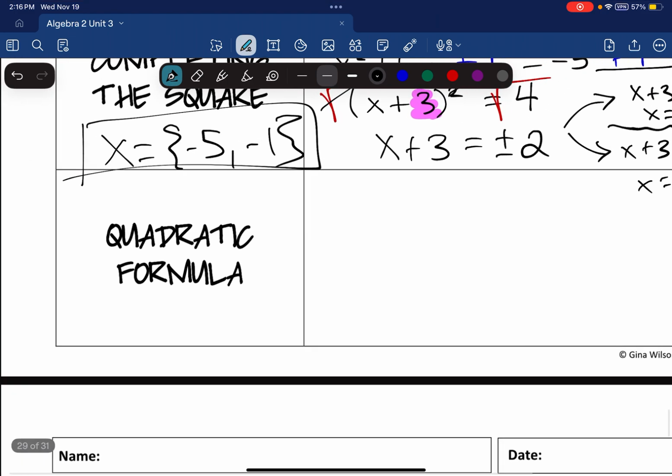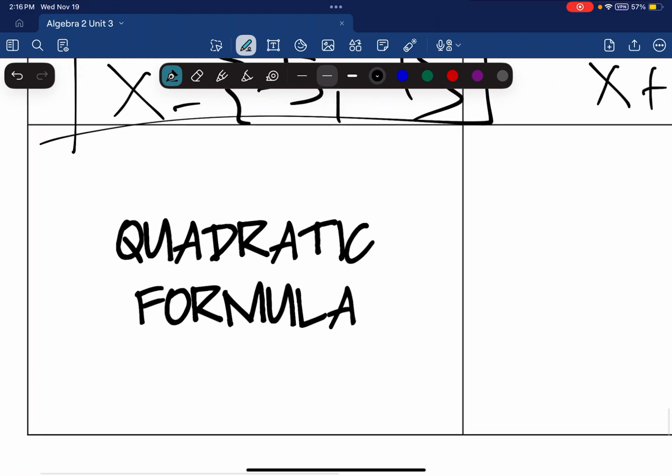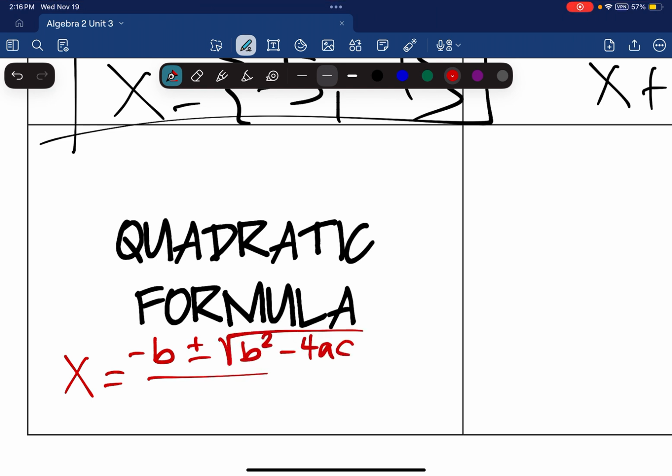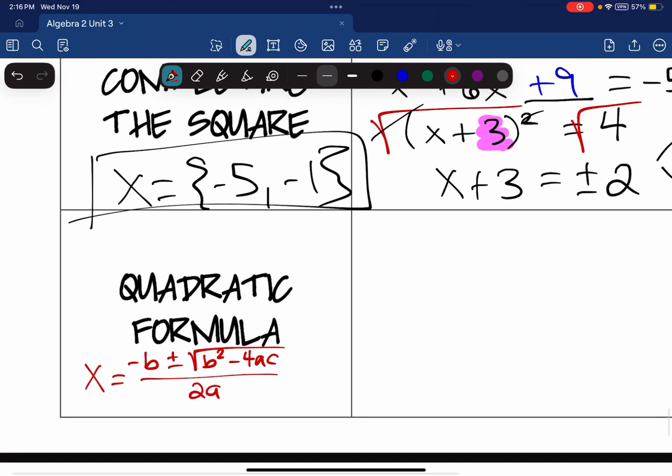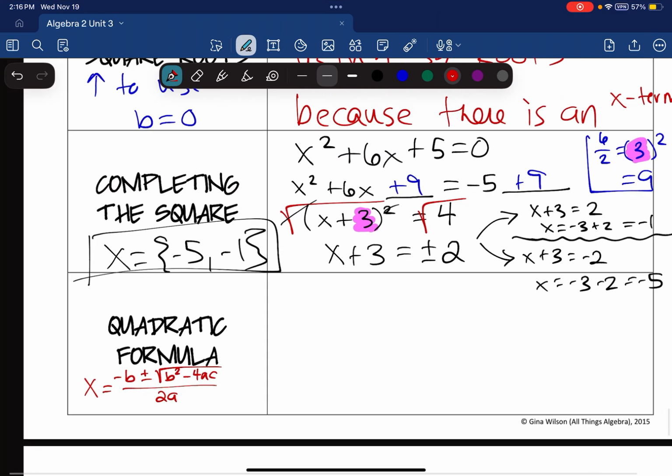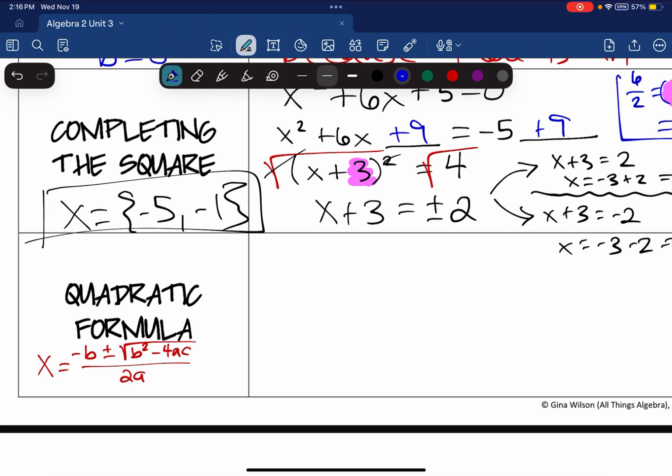Finally, the last method we learned was the quadratic formula. We're going to go ahead and rewrite the quadratic formula here. X equals negative b plus or minus the square root of b squared minus 4 times a times c all over 2a. Okay, so before we get started, we should identify what A is.